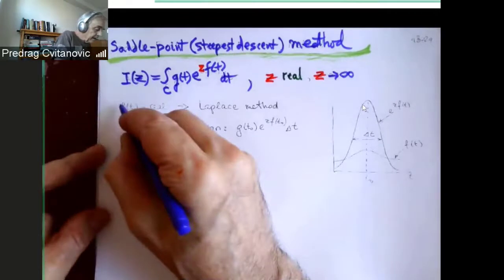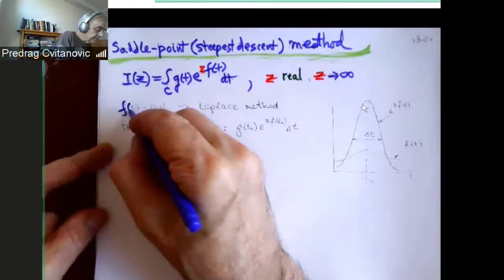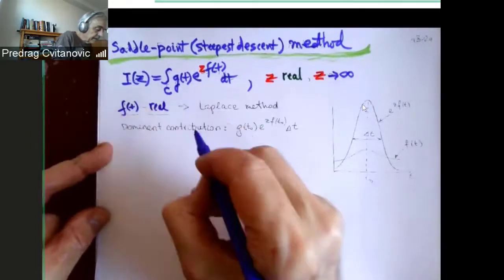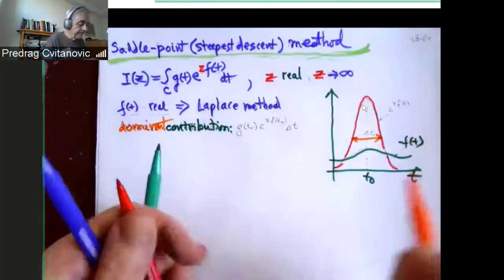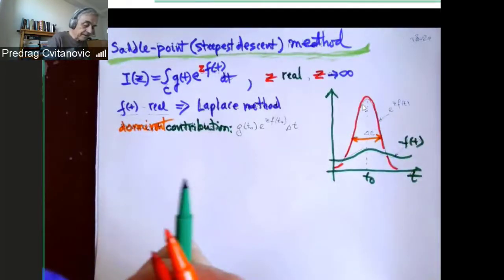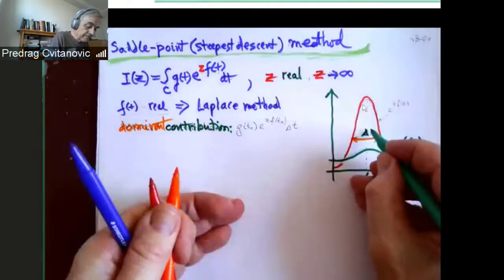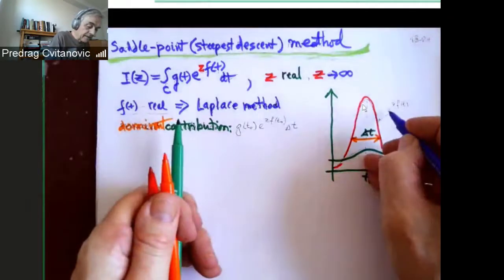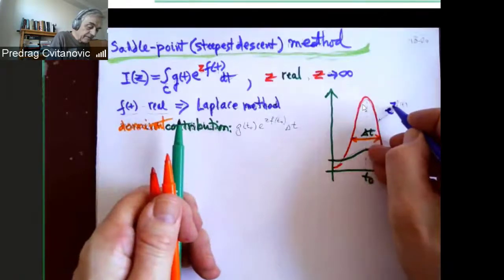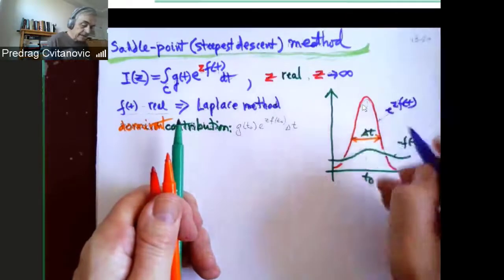So if f(t) is real, then use what we call the Laplace method. Check and estimate. This is our integral, the contour integral of g(t) e to the z f(t).